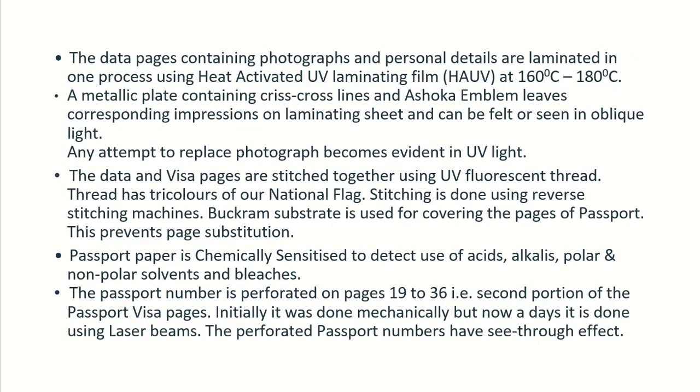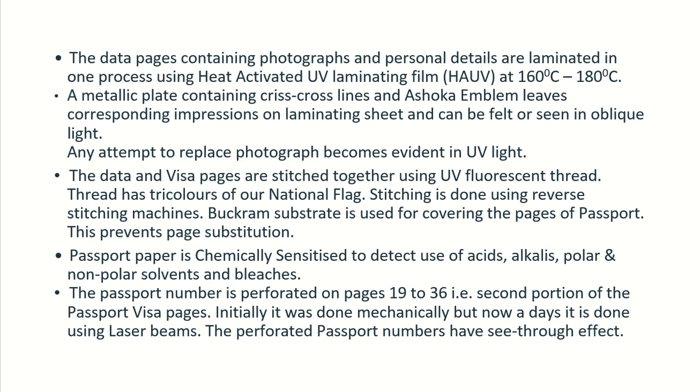The data page containing photograph and personal details are laminated using HAUV at 160 to 180 degrees Celsius. There is a metallic plate containing crisscross lines and Ashoka emblem. Ashoka emblem leaves corresponding impressions on laminating sheets.